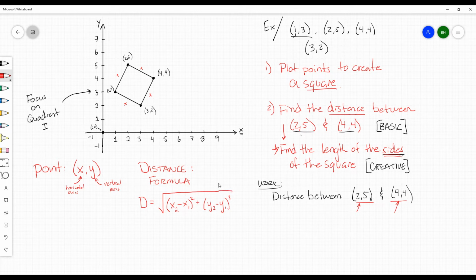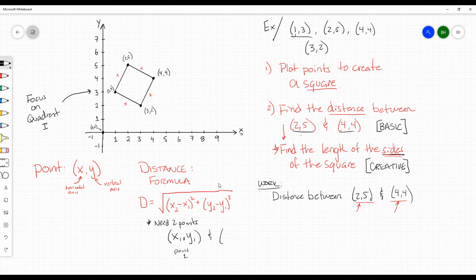So let me go ahead and review this one more time. In this problem, to use the distance formula, we need 2 points. It seems self-explanatory, but it's important to know. We need the first point, which we can identify as x subscript 1, y subscript 1, and we can call this point 1.